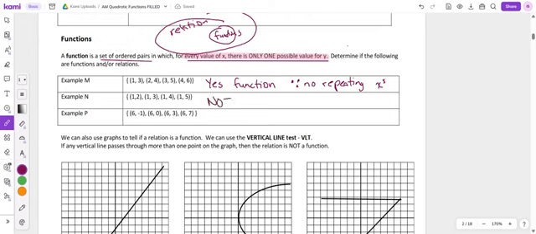Not a function. The x's have multiple y's. And in the next one, function or not? Oh no, I see a lot of repeating x's. So what are we going to say? Not a function, for the same reason.